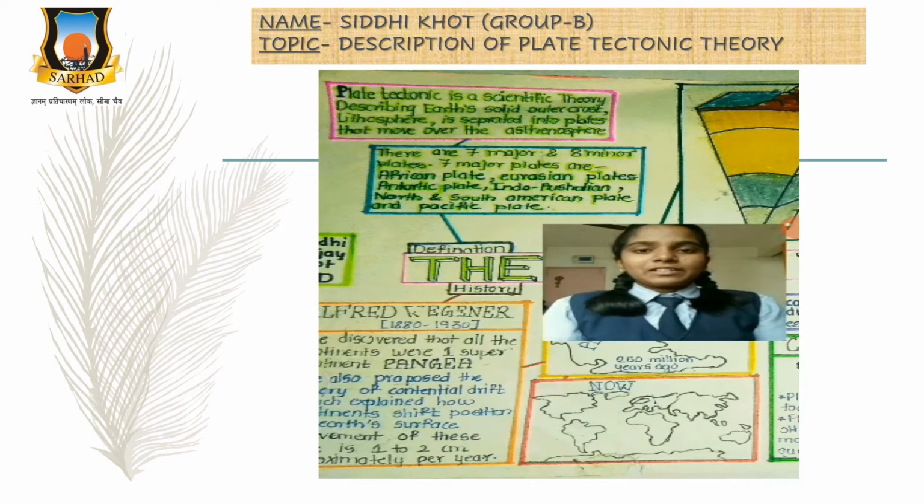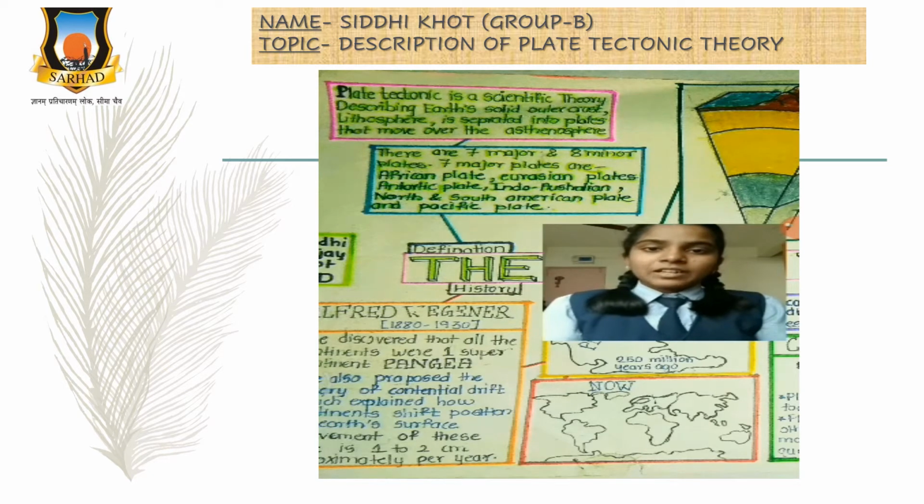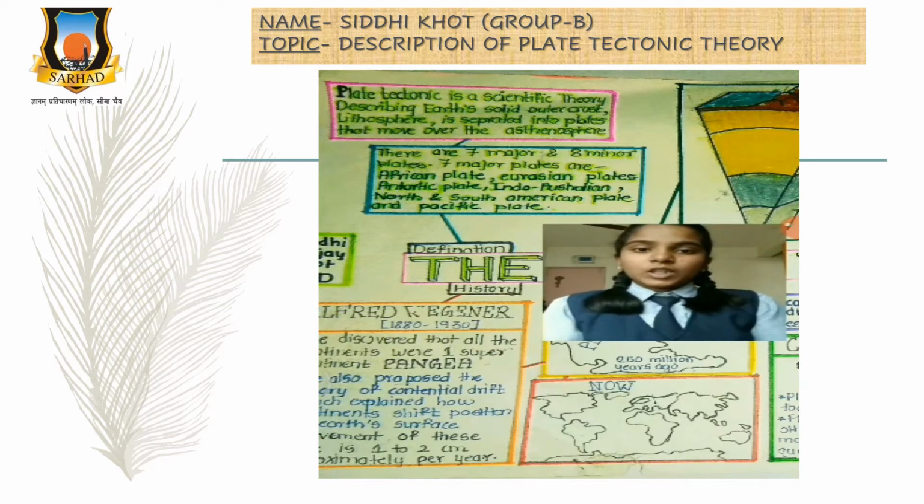There are 7 major and 8 minor plates. The 7 major plates are the African plate, Eurasian plate, Antarctic plate, Indo-Australian plate, North American plate, and South American plate. So this theory describes how our lithosphere moved and how our continents came to be in their places now. You can see the map.